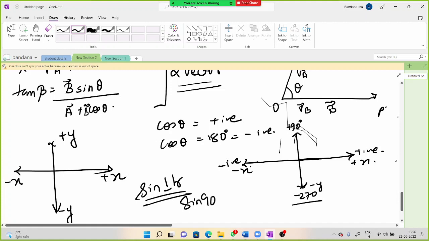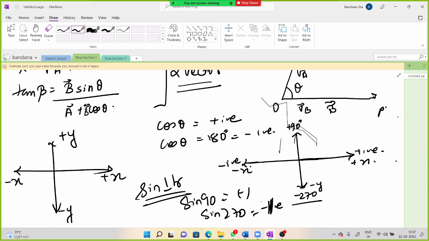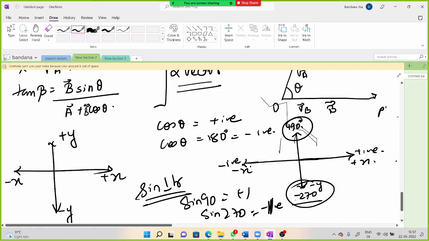Sine 90 degree means positive 1, sine 270 degree will be negative 1. Now you understood? See, if your body is here, it is positive. When your body is here, it will be negative. Now you understood?